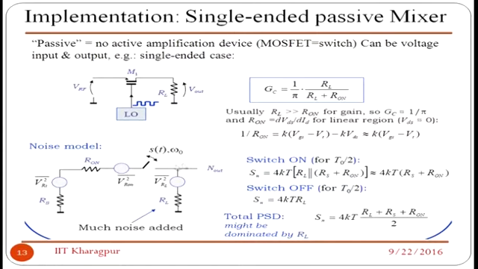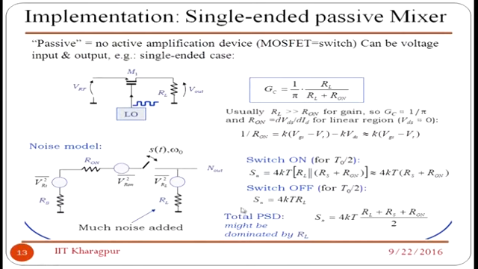Then you have a switch and a load resistance. When the switch is on, it will be RS plus R on, and this series combination in parallel with RL will give you the output noise. But when the switch is off, the only noise contributor is this RL, so it is 4kT RL.